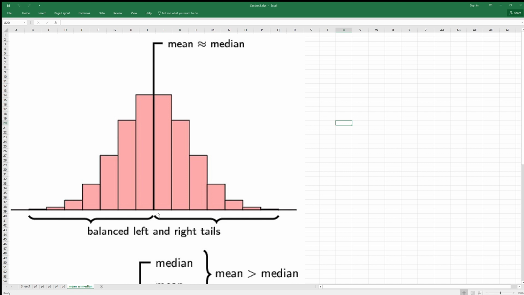It's a kind of a chicken and the egg thing, but we know what we mean by symmetry, and if something is symmetric, then regardless of the shape, whether it's like this or whether it's rectangular or maybe there's a big valley in the middle, there's all kinds of ways it could be symmetric. But if something is symmetric, then it's pretty clear-cut what the center is.